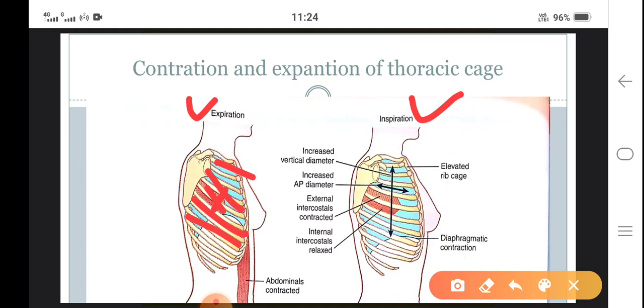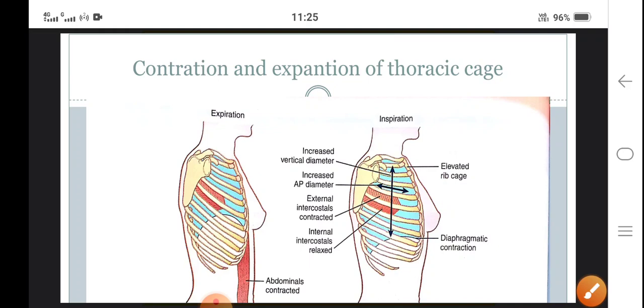The rib cage is elevated during this process. First, this line expresses the increased vertical diameter. For increasing the vertical diameter, the rib cage, which is located downward, is elevated towards the upside.